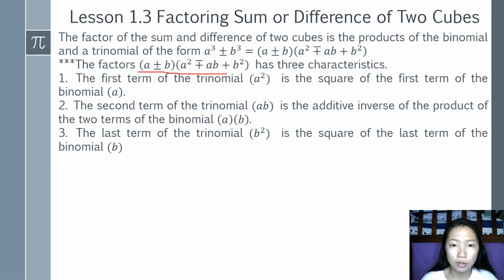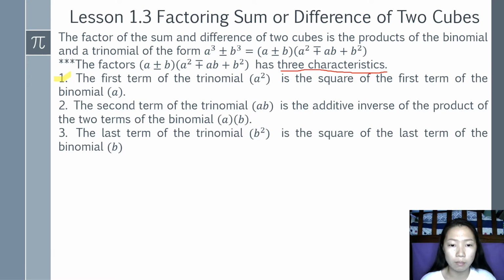So yung factor na to ay merong 3 characteristics. Ano yun? Let's start with number 1. The first term of the trinomial. Nasaan ang trinomial? Tama. Ang trinomial ay ito, dahil tatlo ang term. Nasaan naman ang binomial? This one. Okay? Ano sabi?